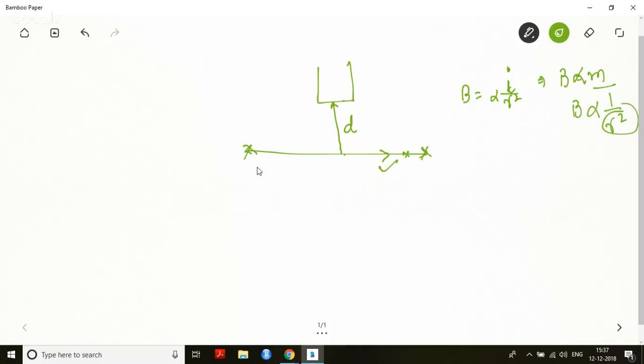EMF full form is electromotive force, and this is nothing but voltage.